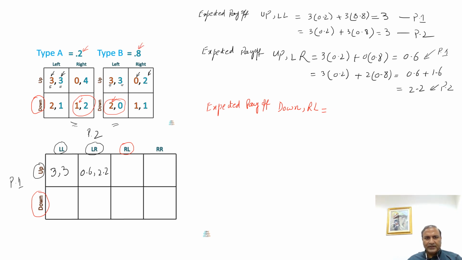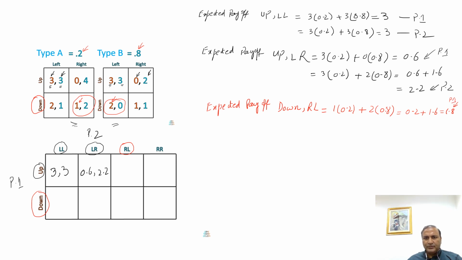So if we calculate the expected payoff, it will be 1 multiplied by 0.2, the probability, plus 2 into probability 0.8. So what do we get then? 0.2 plus 1.6. So the answer is 1.8 for player number 1.